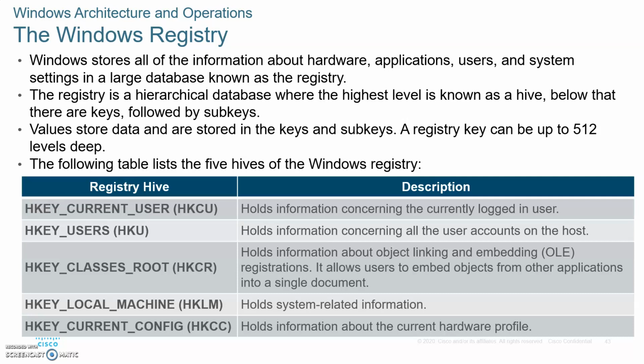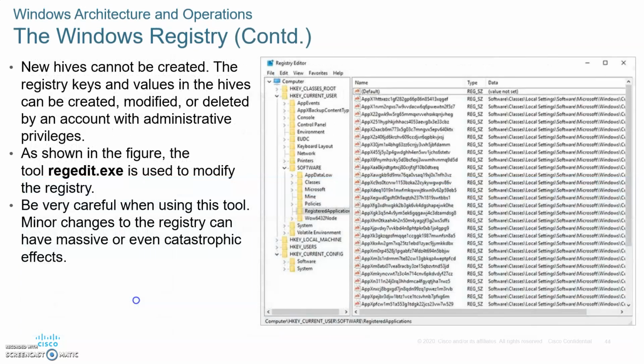If you're not familiar with the registry, stay away from it. But the registry is very important. Windows registers everything in there. It looks at what it needs to do to execute a specific application or hardware, if anything changes on it.